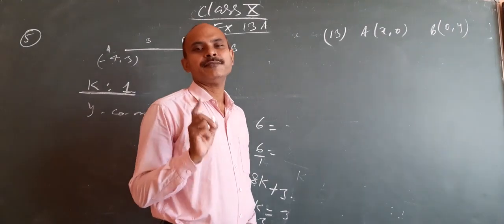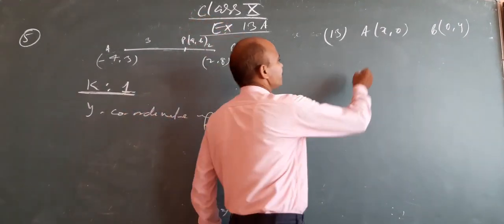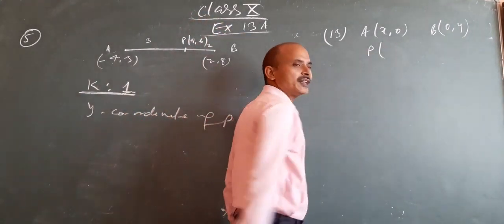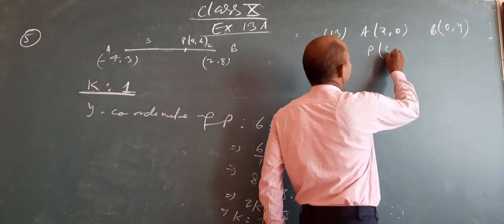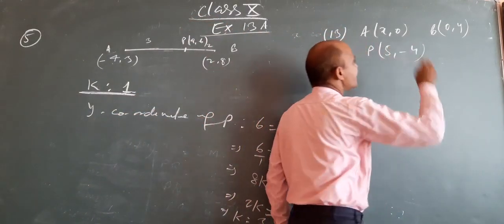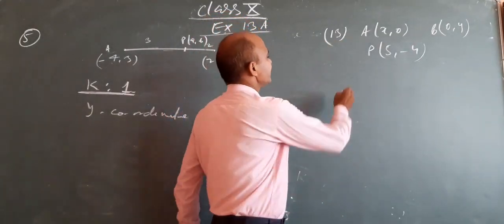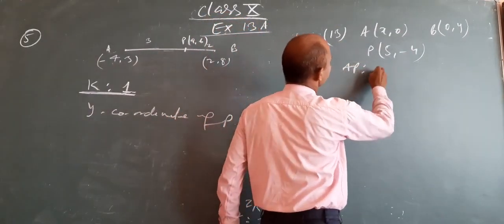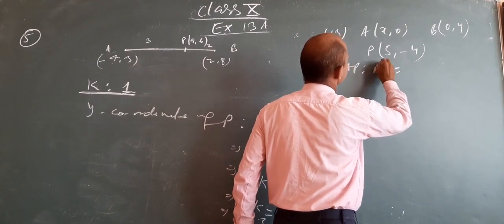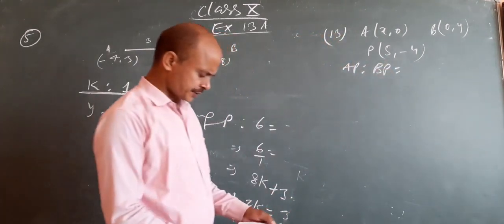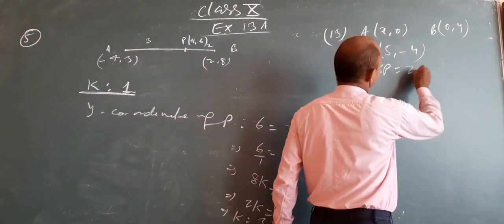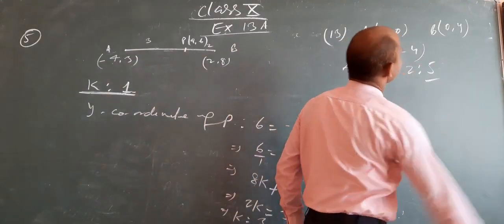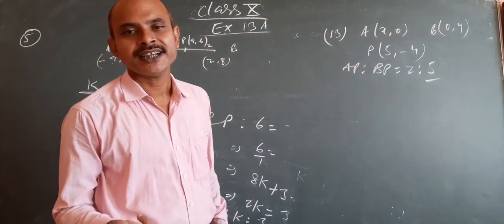P is on AB. The coordinates of P are (5, -4). Also, the ratio AP is to BP is 2 is to 5. What is required?